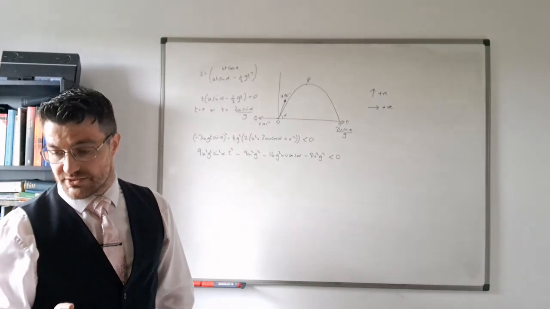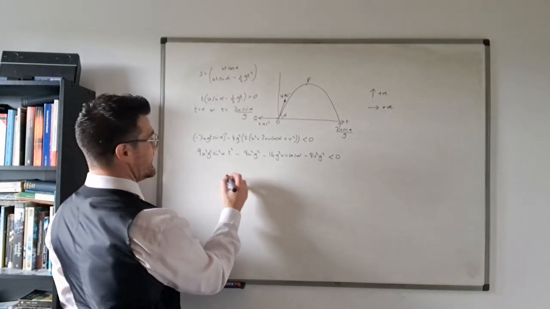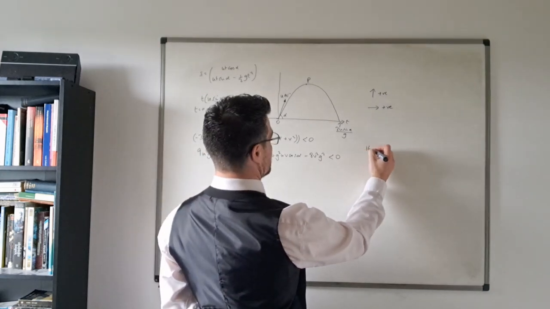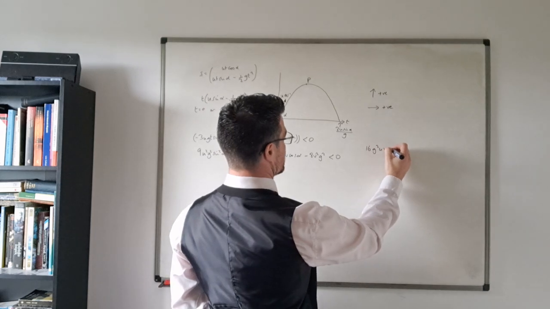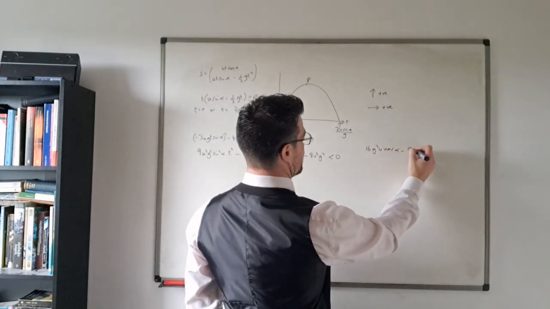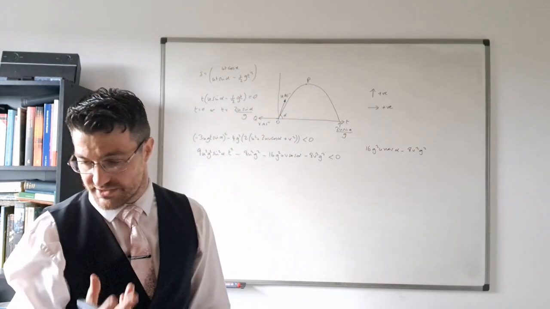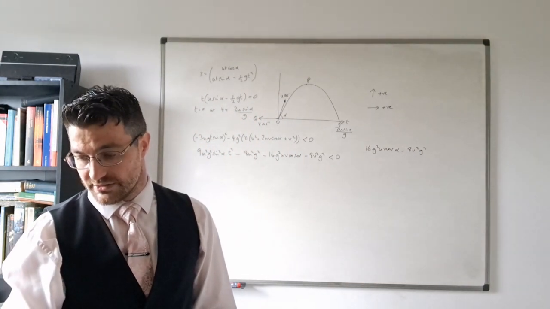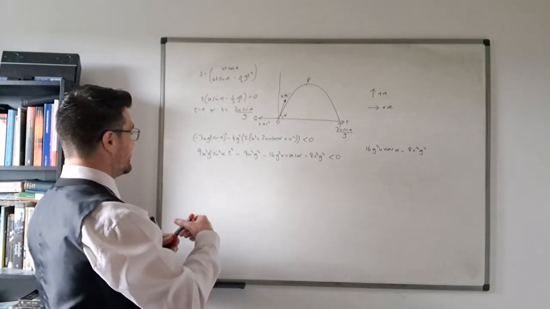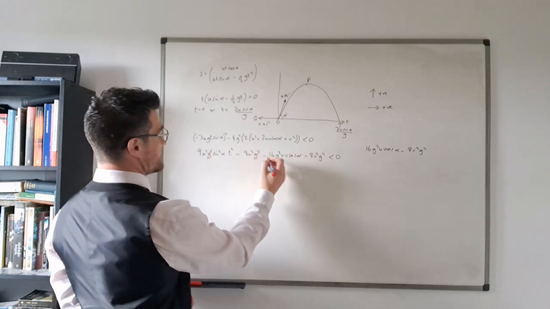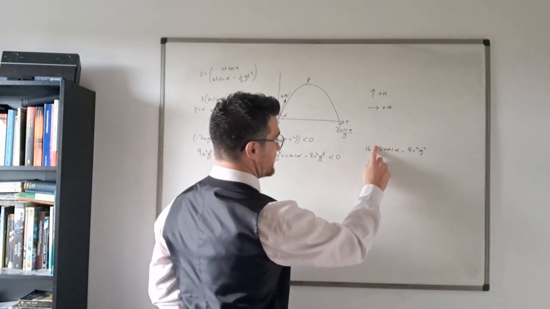So what I did was I took this to one side. So the 16 g squared uv cos alpha minus 8v squared g squared. I did this a few days ago, and it looks like there was something that I did before that. I cancelled the g squared. So I don't need the g squared in here, which is good.